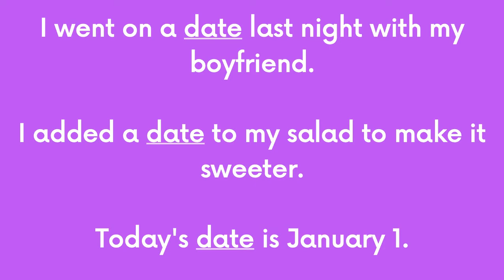We're talking about a day in time. So we're talking about something that can be viewed on a calendar. So these are three different examples of how to use the word date. It can either be an outing, it can be a fruit, or it can be a time period.